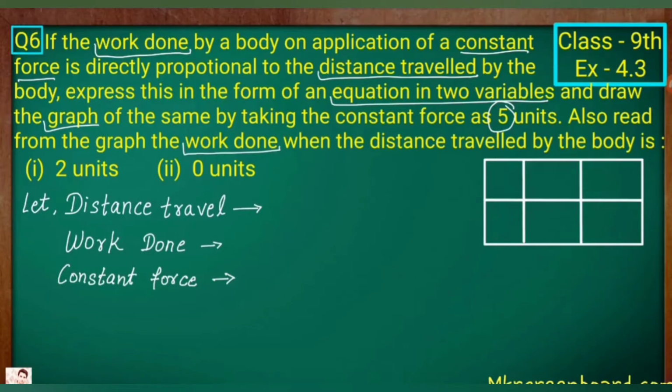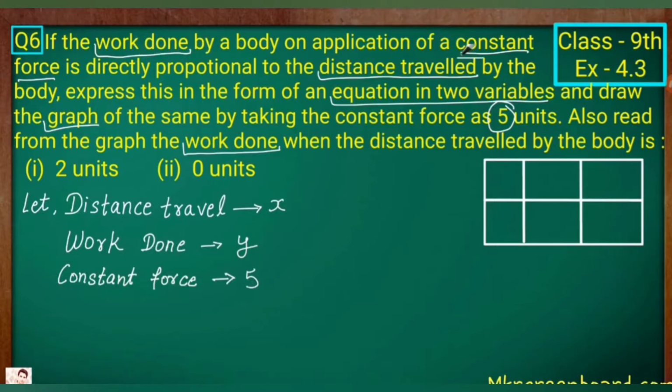Now just mention the variables of the given words. Let me take distance travelled as x, work done as y, and the constant force, given in the question itself, is 5.